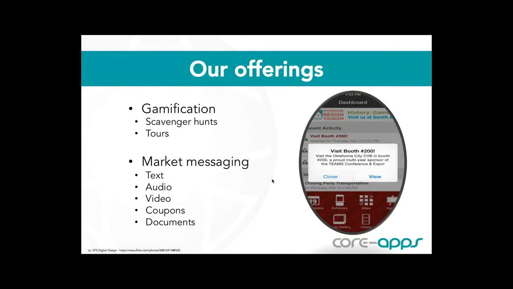And that could be maybe something like an electronic coupon offering someone a free t-shirt if they came by the booth, or a discount or something of that nature. It may kick off an audio file that's talking about the particular exhibitor itself, or a video as well. Could push out documents like handouts, things of that nature.